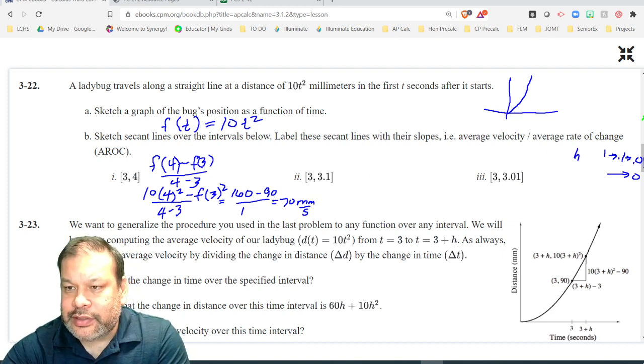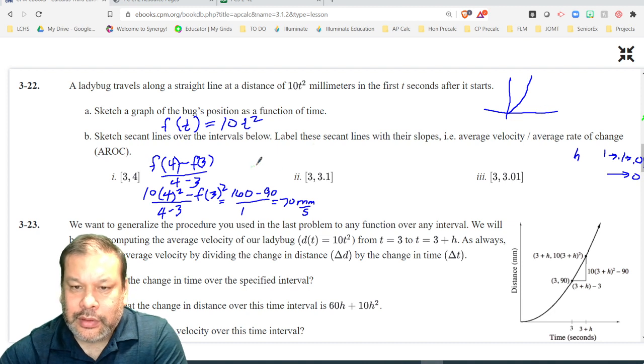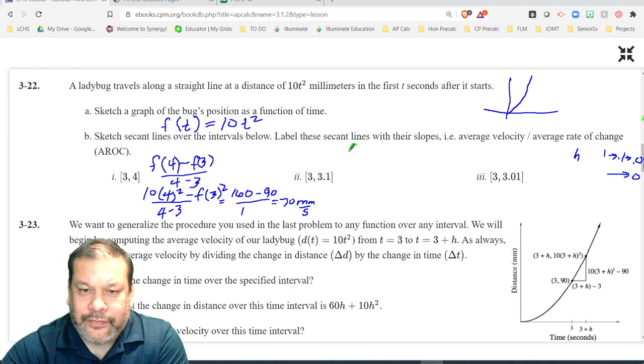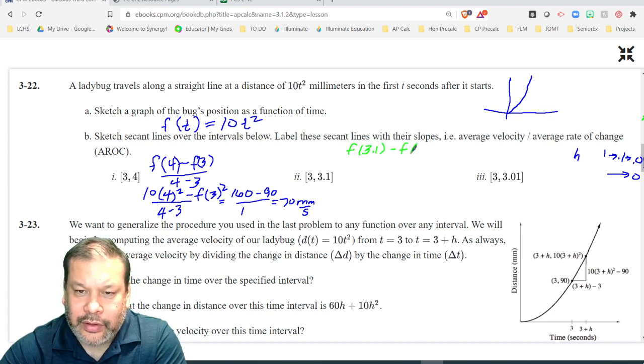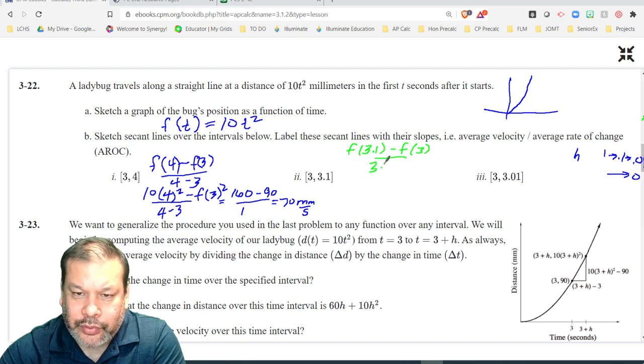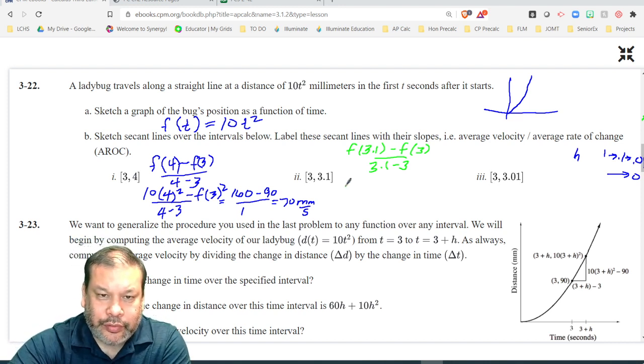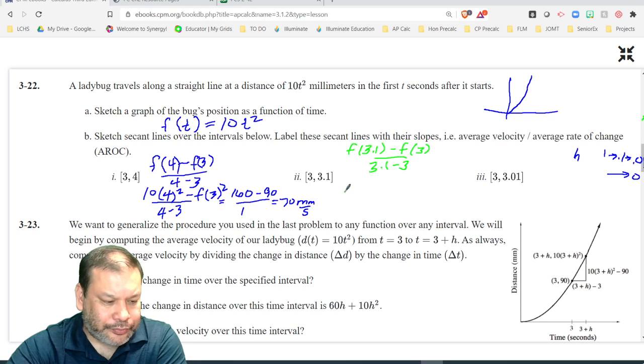Looking at the second one, it's going to be f of 3.1 minus f of 3 over 3.1 minus 3. So f of 3.1 is 3.1 squared times 10.